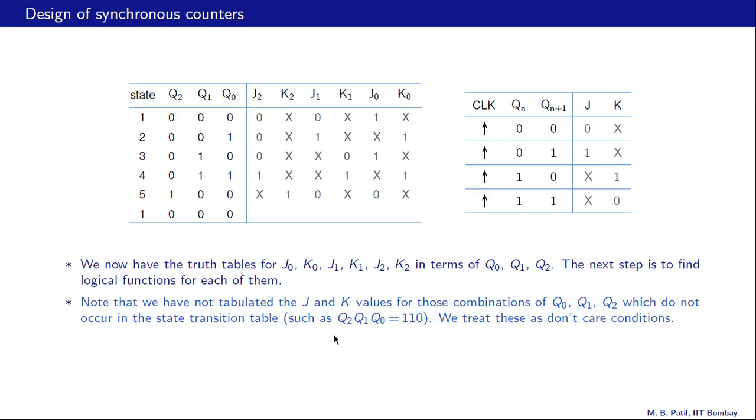For example, this combination Q2, Q1, Q0 equal to 1, 1, 0 is not present over here. So these combinations can be treated as don't care conditions. Now in this table we have 5 distinct states out of the 8 binary numbers that we can make up with 3 variables, and therefore there would be 3 don't care conditions.